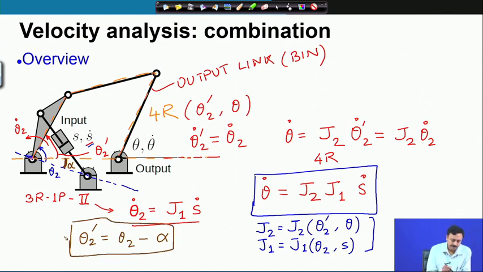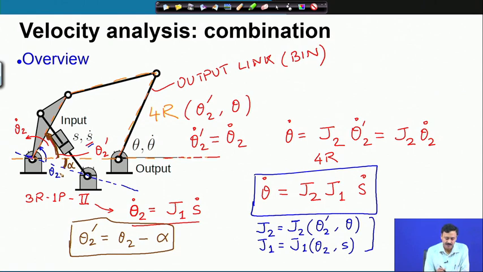Theta 2 prime, which is this angle, and theta 2, which is this blue angle, are related as theta 2 prime is equal to theta 2 minus this fixed angle alpha.